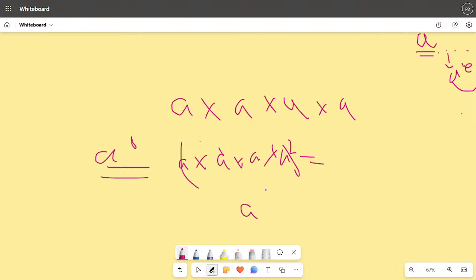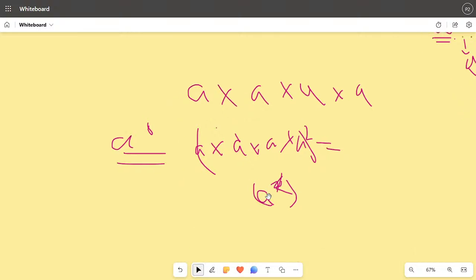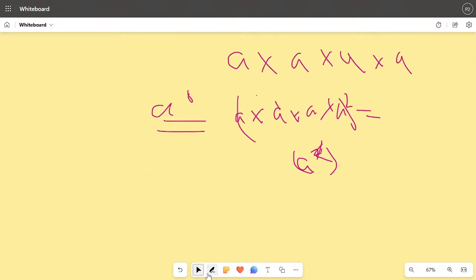Similarly, I can calculate a4 by squaring a square, and I can calculate a square by simply multiplying a with itself. So instead of multiplying a 8 times, I just have to keep on squaring the number thrice, which is much smaller than 8.